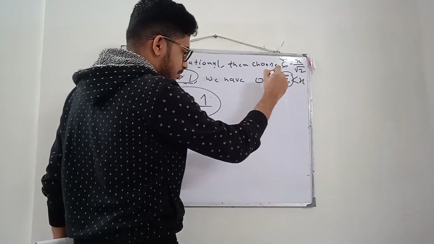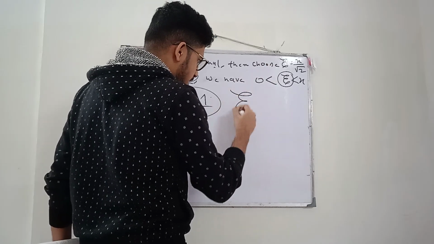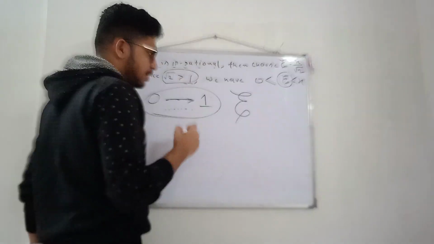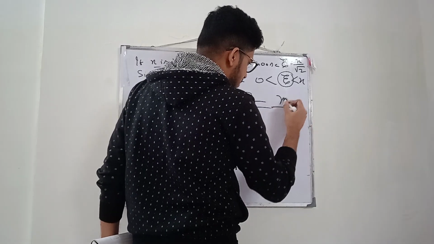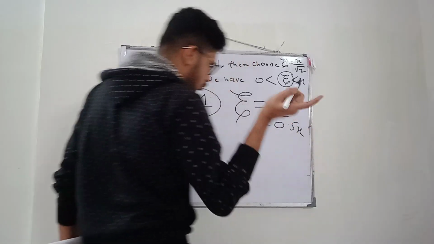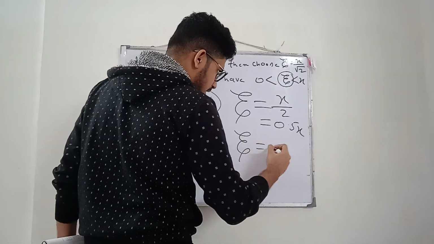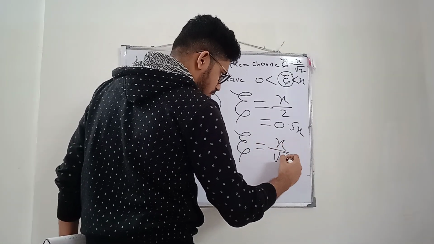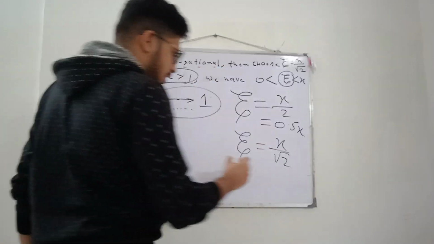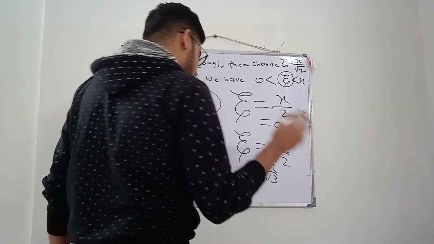So this is the sign of an irrational number. When we take x by 2, that means 0.5x, and root 2 is itself a value, so it will be like x by root 2. It can also be x by 3, x by root 3.